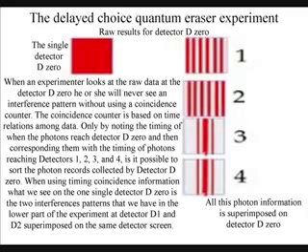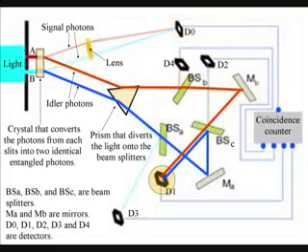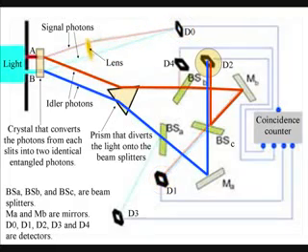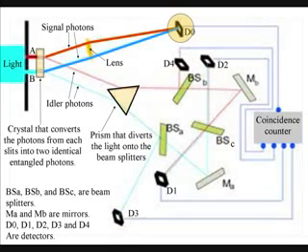Only by noting the timing of when the photon reaches detector D0 and then corresponding them with the timing of photons reaching detector 1, 2, 3, and 4 is it possible to sort the photon records collected by detector D0.